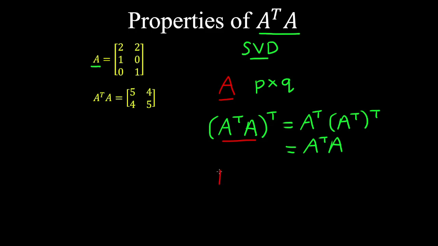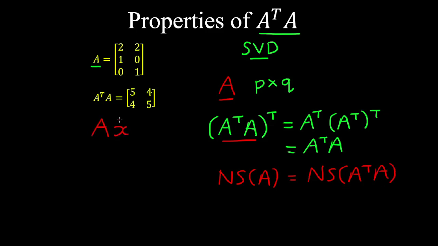So firstly, the null space of A is the same as the null space of A transpose A. So recall the solution to the homogeneous linear system is the null space of A, and the solution space of the following homogeneous linear system is the null space of A transpose A. And as an exercise, have a go at verifying this for these given two matrices.